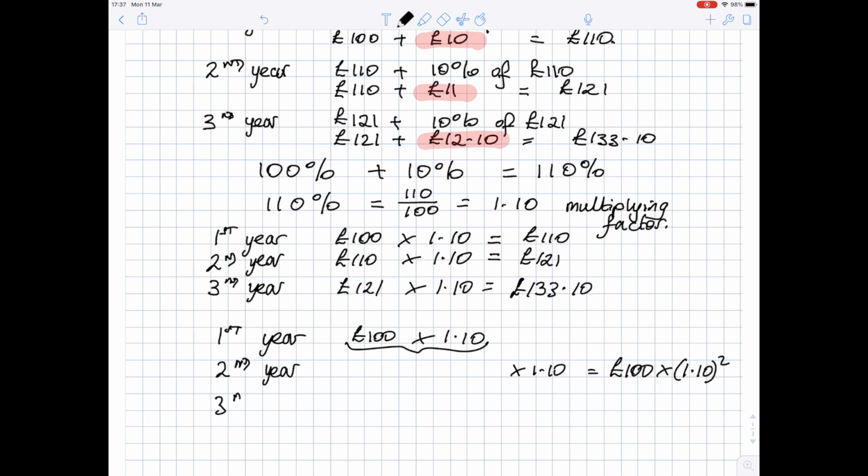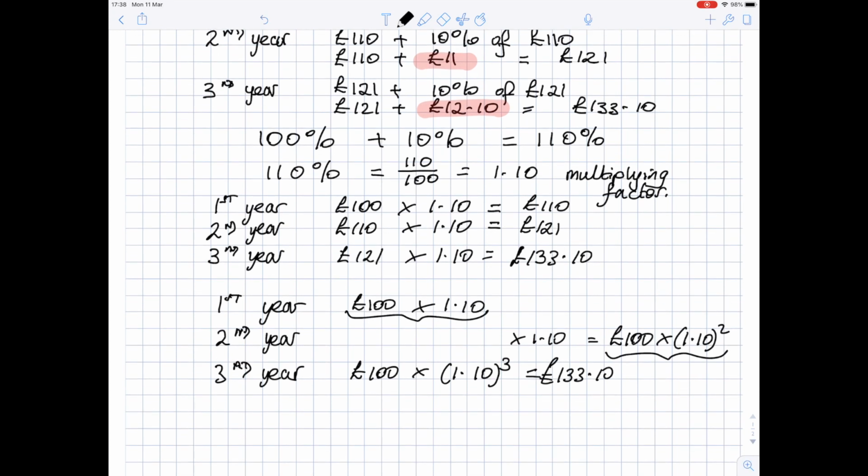In the third year, you've got all of that multiplied by 1.10. So I've got £100 multiplied by 1.10 cubed. So if you work out 100 multiplied by 1.10 cubed, that will give you your £133.10.